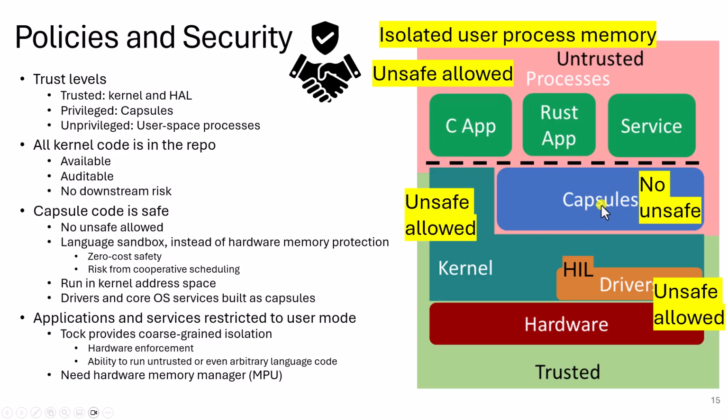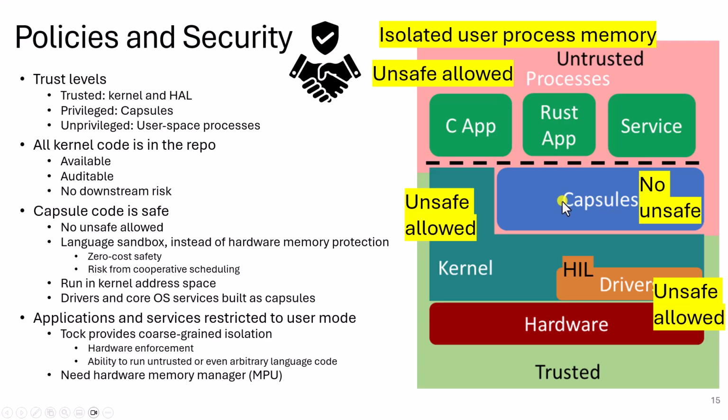The capsules are not allowed to have unsafe code, but they're considered in the untrusted region, and the security is provided by the language sandbox, by not allowing unsafe, instead of hardware memory protection.